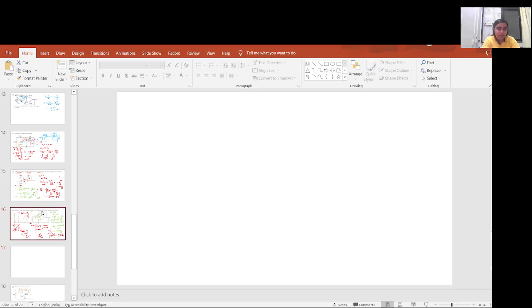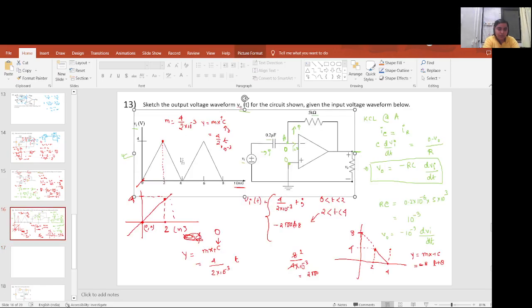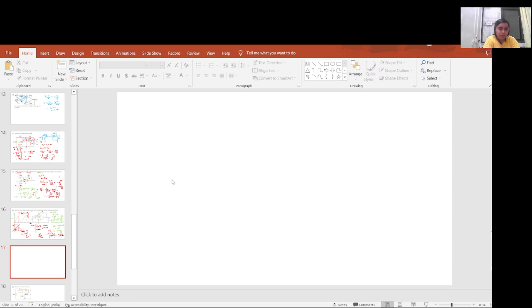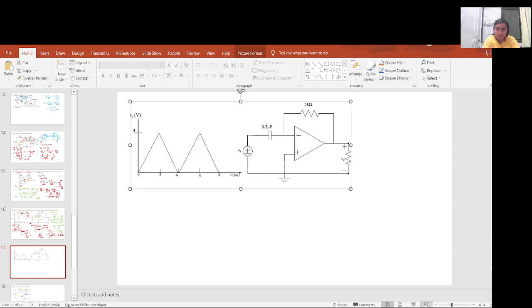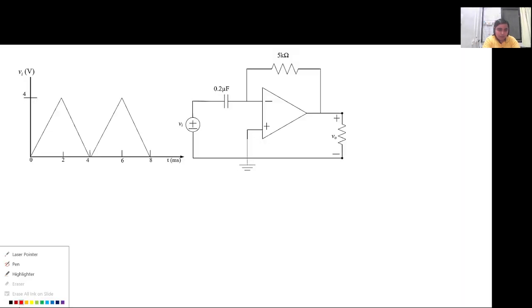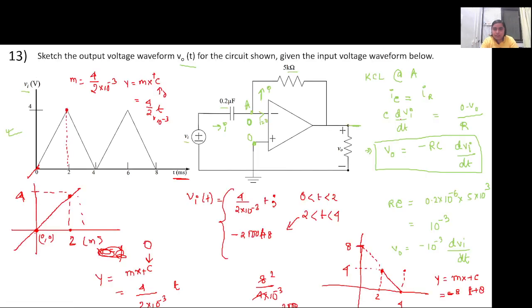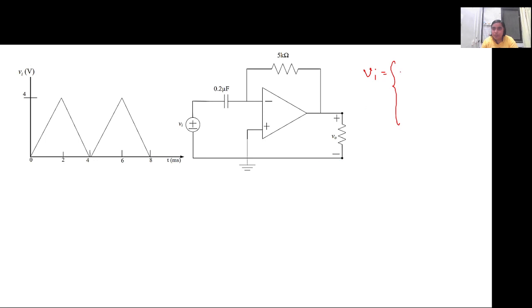Let me just take the waveform. So if I write Vi, this is 4 by 2, so this is 2, and if I take 10 to the power 3 on top, it will be 2000 t.